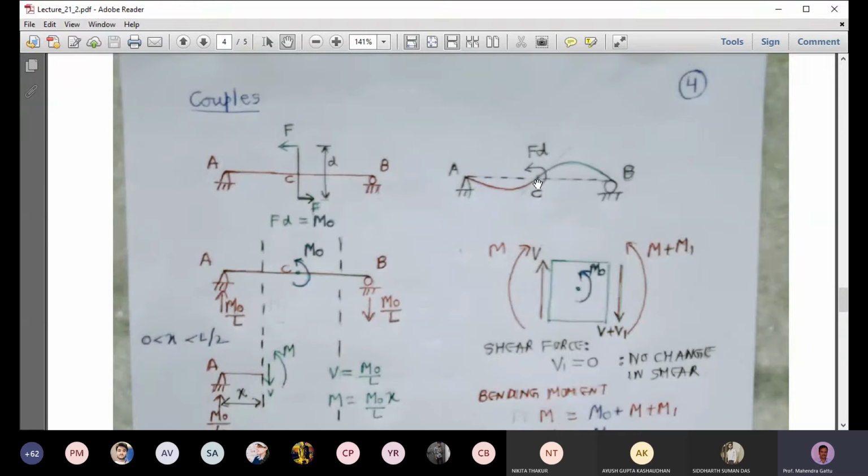So when you treat this body as deformable, the location where you apply the couple is very important. We cannot move it throughout the beam AB. If it is fixed to that point C, whatever couple you are applying is localized to that point C.